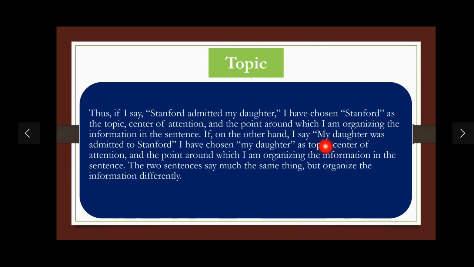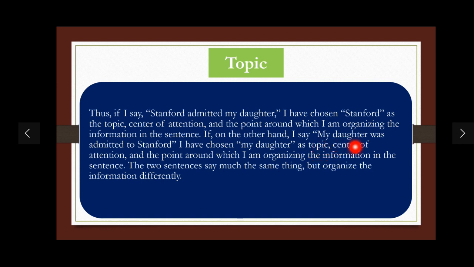Because in one sentence, the focus of attention is Stanford, right? So the importance, or you can say the attention, is given to Stanford, an institution, while in the second sentence, all the attention and focus is given to my daughter.